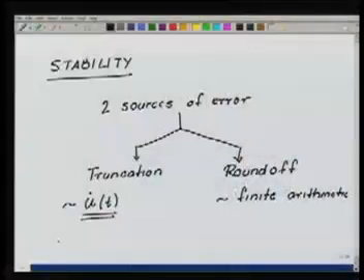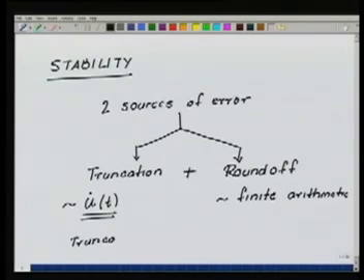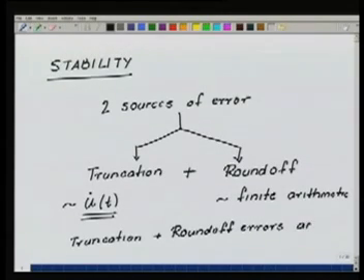So these are the two sources of errors, and we say that a numerical scheme is stable if the truncation and round off errors are both bounded with respect to time.